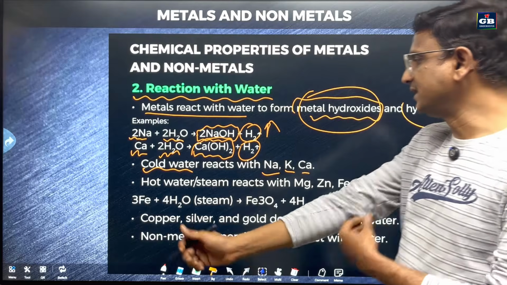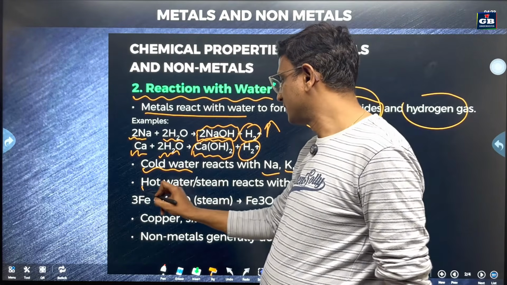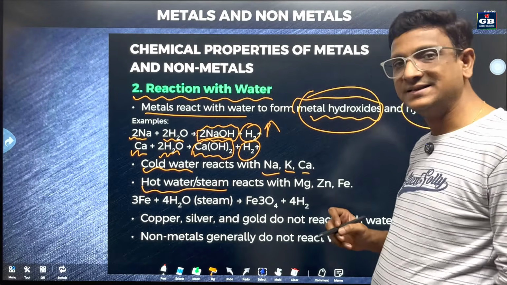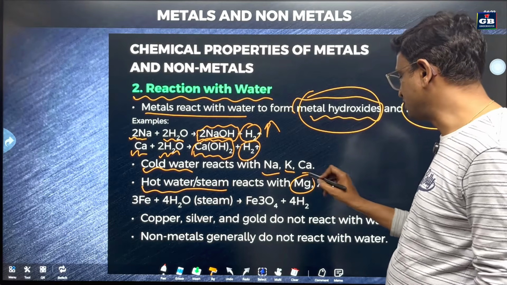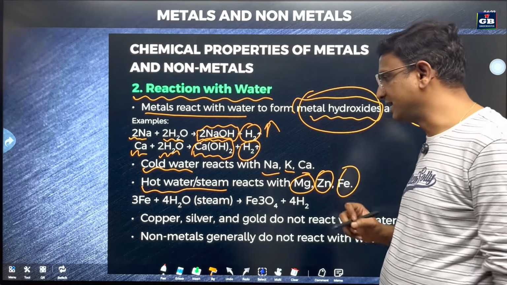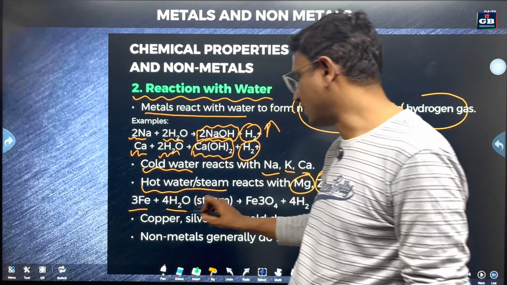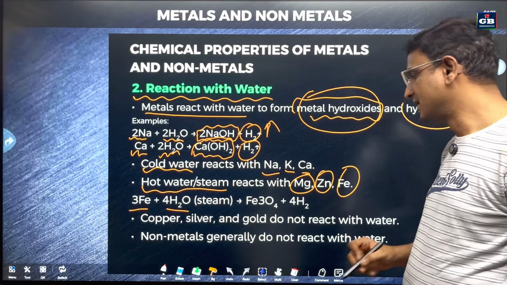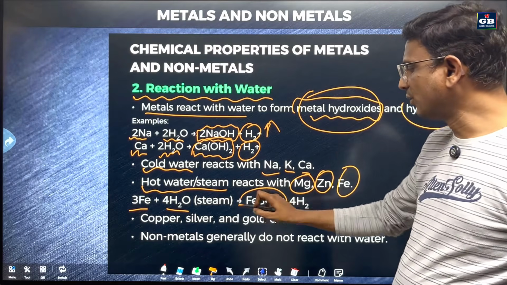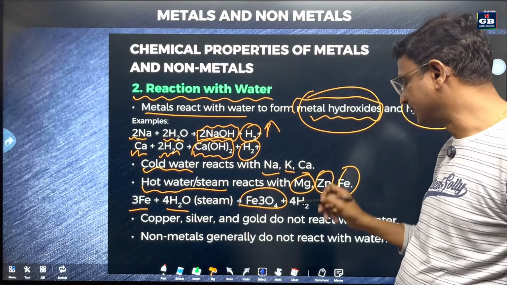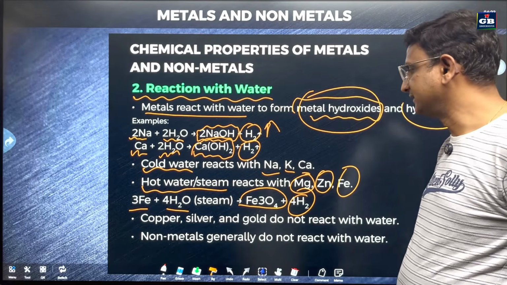So some metals react even with cold water. Some metals react with hot water or steam. What are they? Magnesium, zinc and iron react with hot water or steam. So iron plus hot water, one kind of iron oxide is formed and hydrogen gas is formed.